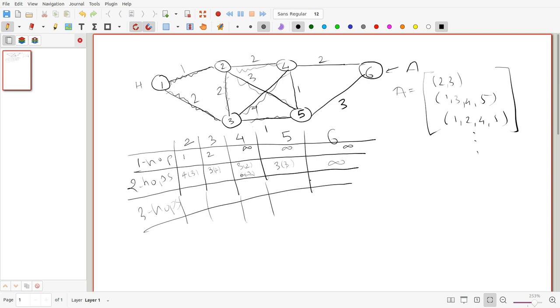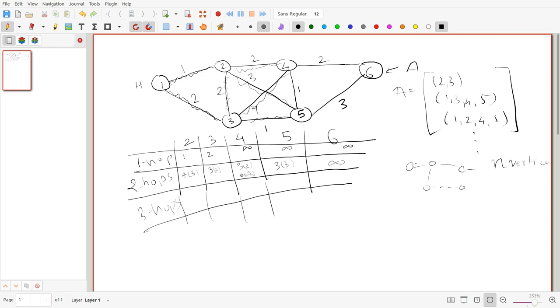Now, once we have that, what do we do? Well, think about this. If you have a graph, however complicated it may be, with n vertices or n nodes, and let's assume that it is possible to get from one node to any other node, what's the longest path length that we can take?